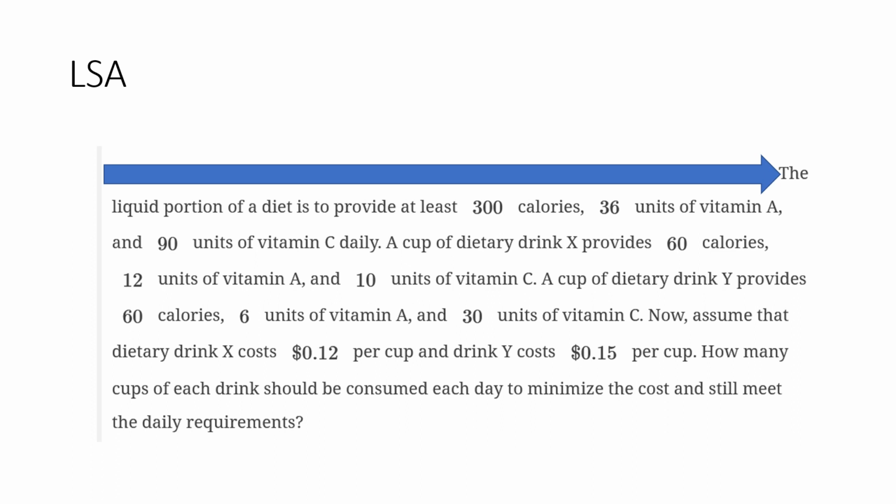Okay, here's the second LSA. This is a word problem. The liquid portion of a diet is to provide at least 300 calories, 36 units of vitamin A, 90 units of vitamin C, and a cup of dietary drink X provides 60 calories, 12 units of vitamin A, and 10 units of vitamin C. A cup of the dietary drink Y provides 60 calories, 6 units of vitamin A, and 30 units of vitamin C. But now you have a cost, and that dietary drink X costs 12 cents per cup, and dietary drink Y costs 15 cents per cup.